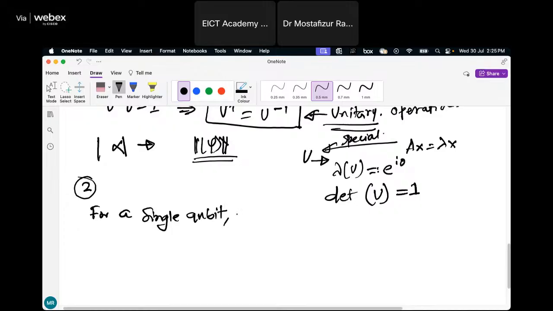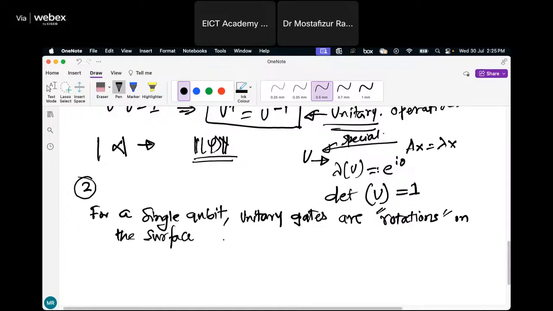So for a single qubit, unitary gates are simply rotation gates, or the rotation matrices. Okay, simply rotations on the surface of the Bloch sphere.